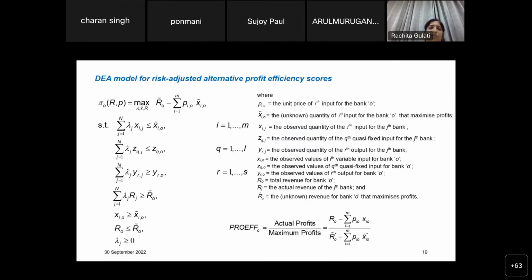The advantage of using this risk-adjusted alternative profit efficiency model is that it allows us to account for equity risk along with undesirable outputs, that is, the bad loans, which we have accounted for in this model.